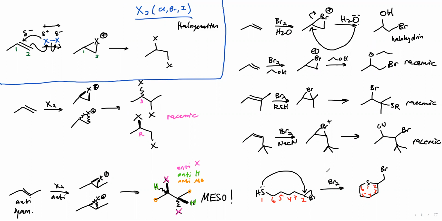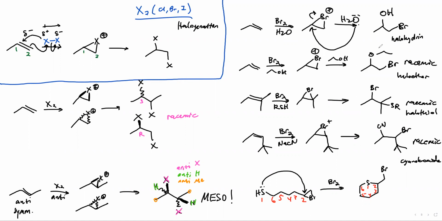I guess I didn't name all these. You can call this a halo ether, and a halothiol. This is either bromocyanide or cyanobromide. Cyanobromide sounds cooler.